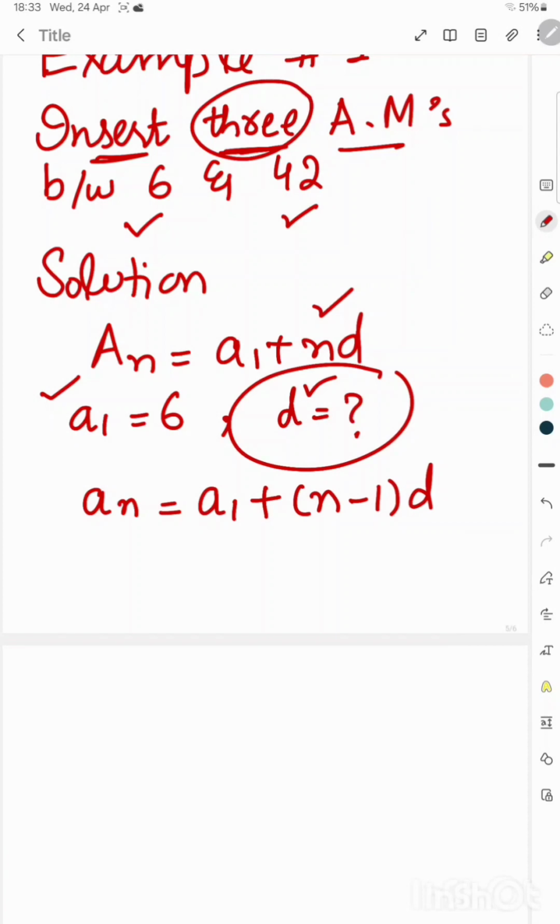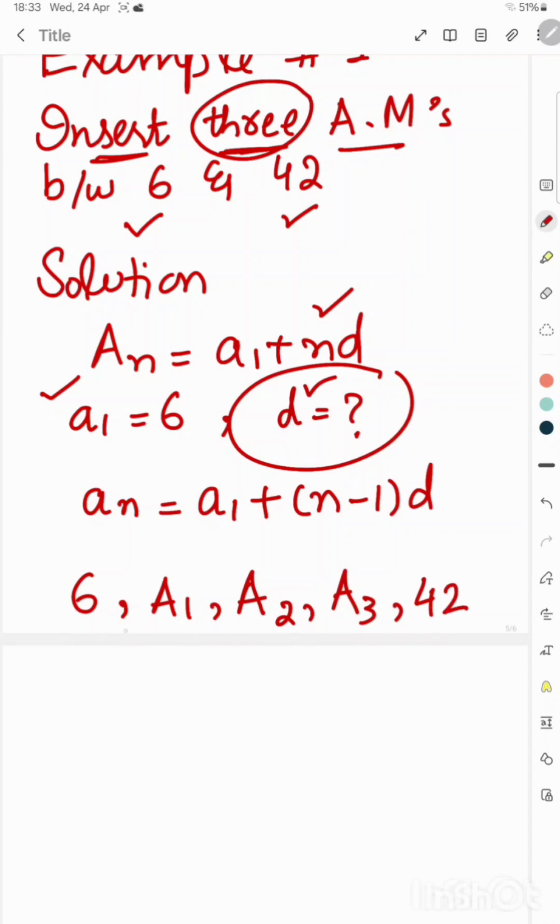Okay student, so what we will do here, first of all we will make the sequence. The first term is 6 and we have to insert three arithmetic means between these two terms. So they will be a1, a2, a3, and the last term will be 42.